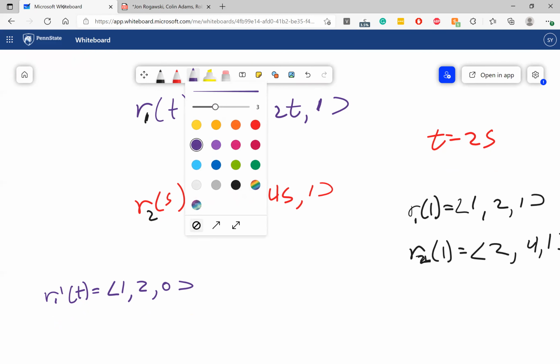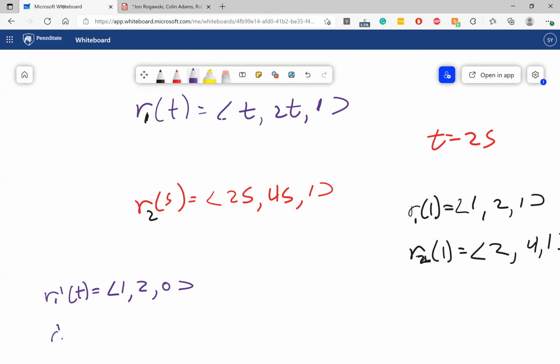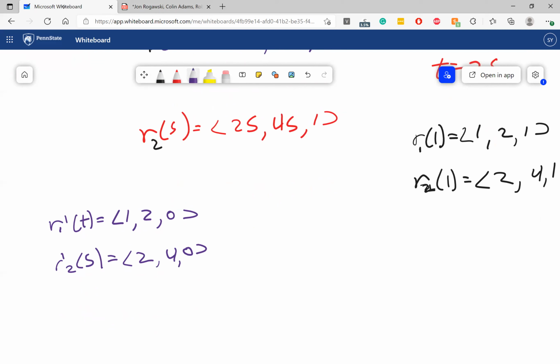So the acceleration will be 0. And R2 prime of s is going to be 2, 4, and 0. So if you wanted to compute the magnitude of R1 prime, for any t, it doesn't matter because it doesn't depend on t.